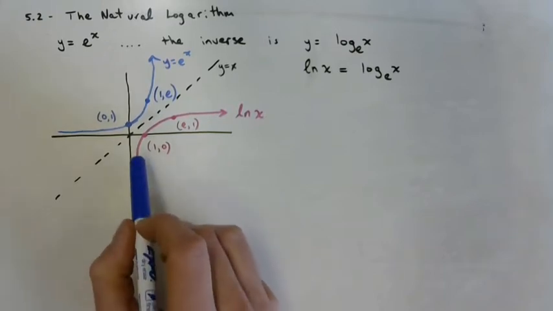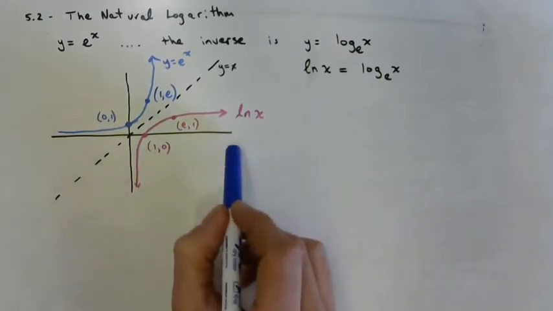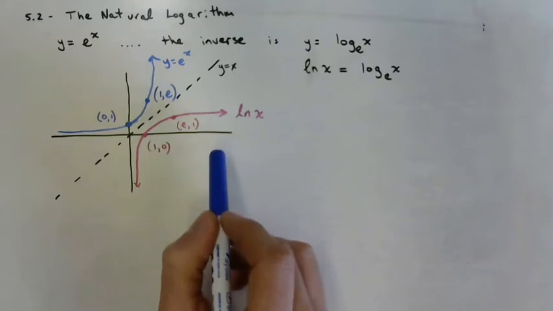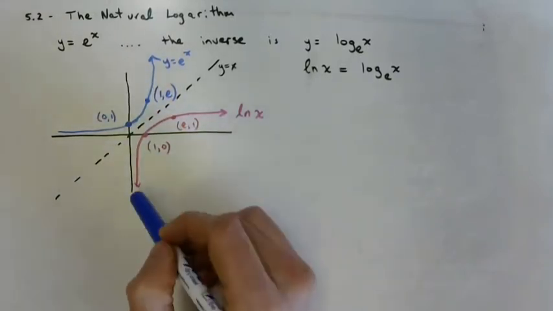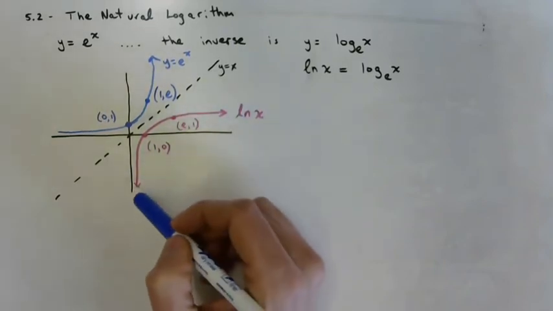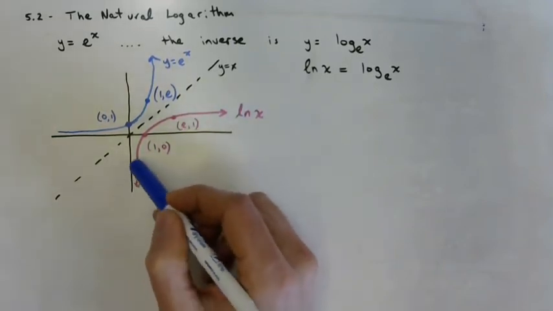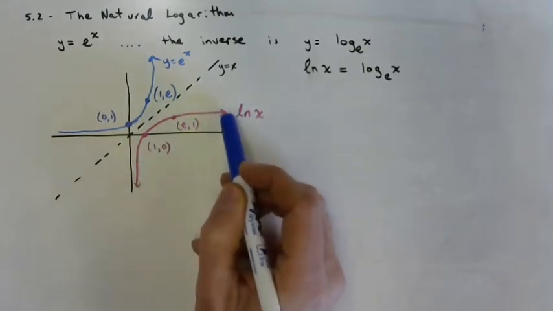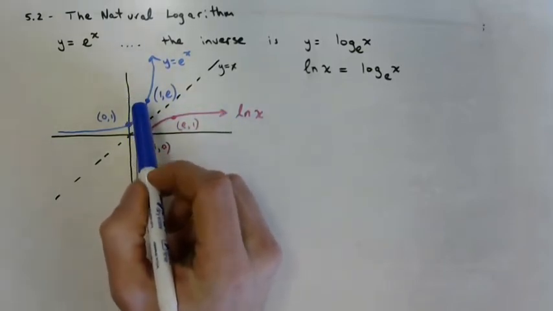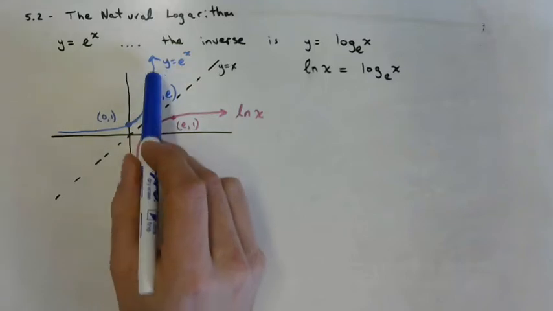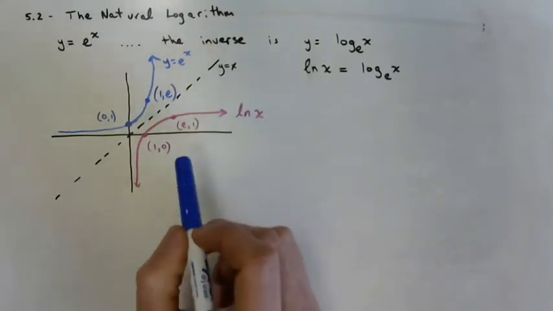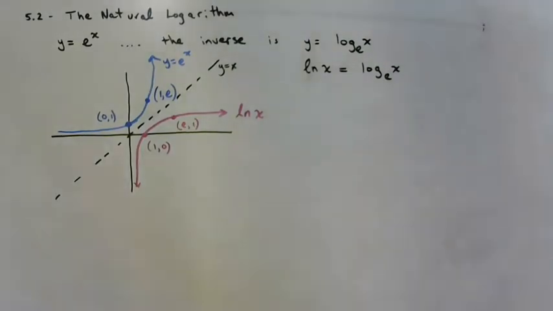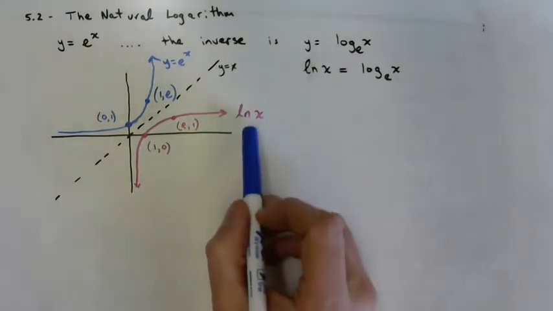It has a domain restricted to values of x greater than 0, and has a vertical asymptote at x equals 0. There's no point of inflection. Its slope is always positive, but it's positive and decreasing, whereas the exponential graph is positive and increasing, but there is no point of inflection. It's never going to turn and go down or flip and go back up. And that's mostly what we need to know about the natural log of x.